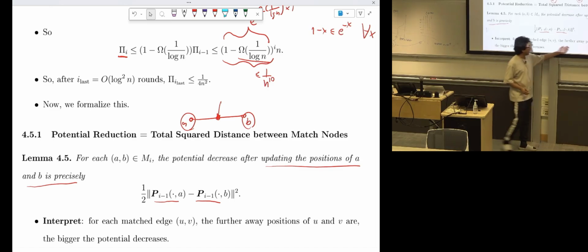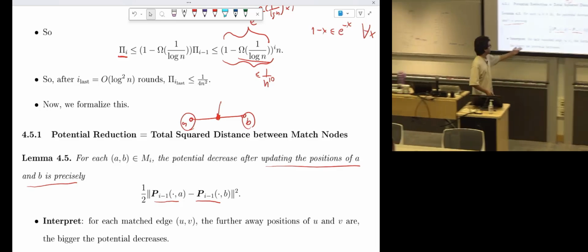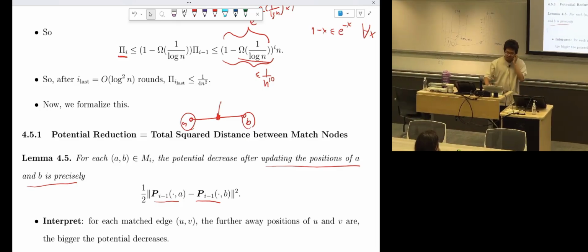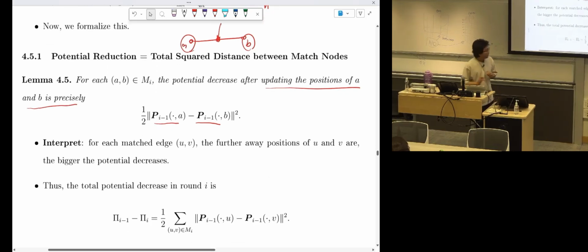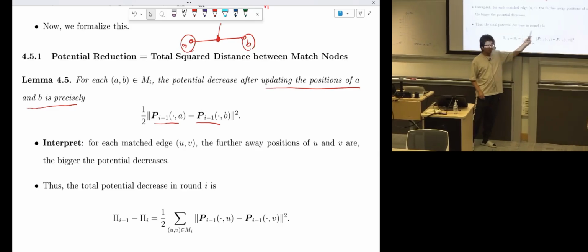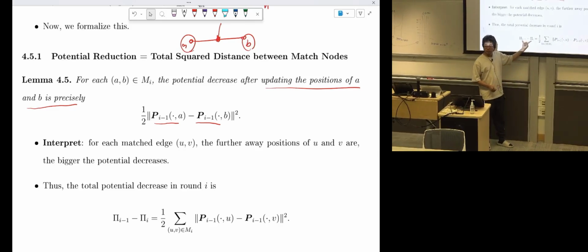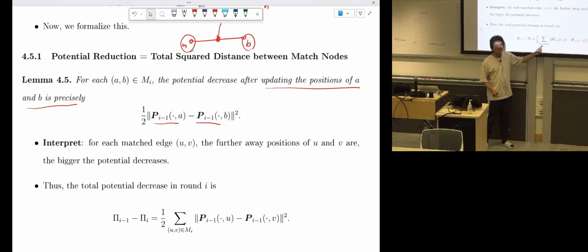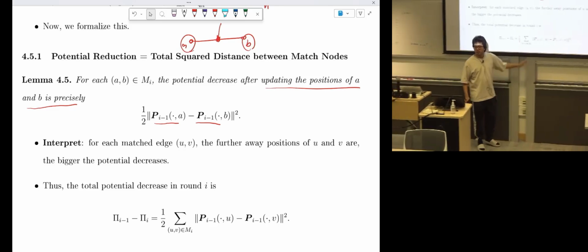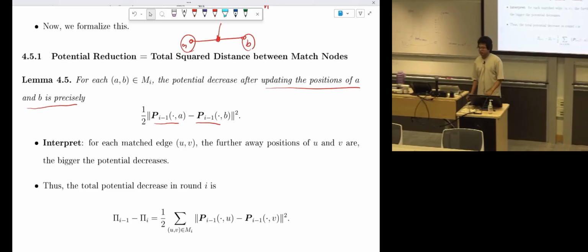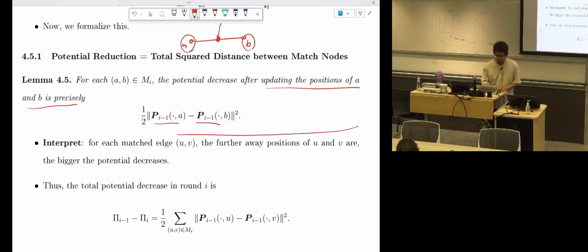The further away the positions of u and v are, the bigger the potential decrease. So the total potential decrease in round i is exactly the sum over all matching edges of the distance between the endpoints of the matching edge. That's exactly how it looks. So now we're going to prove this. Let's prove this.